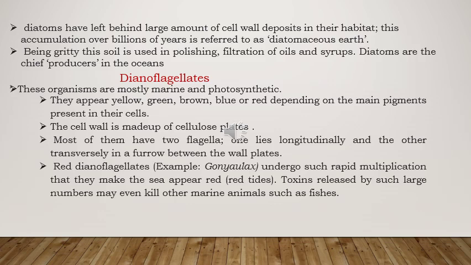So the Red Sea has red dinoflagellates in it. Because of these red dinoflagellates, the color of the sea is red. These also produce some toxic substances that kill the marine animals, or you can say the fishes of that area.